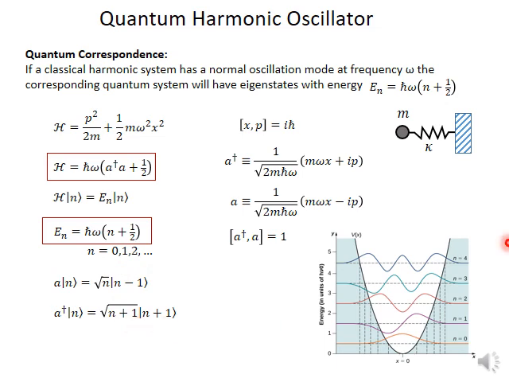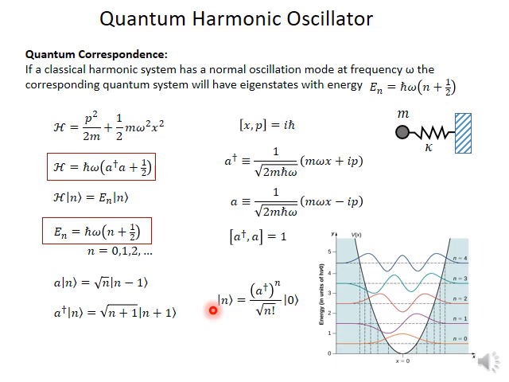And this other operator raises the excitation in the system, from one eigenstate to another eigenstate with a higher energy. So we would use this kind of description to describe our lattice modes as well.